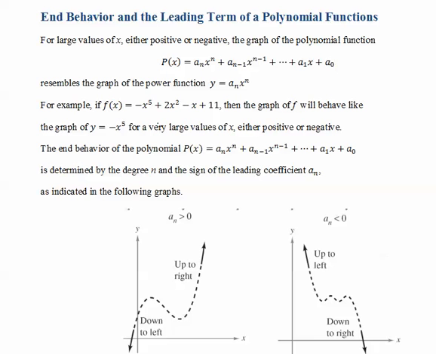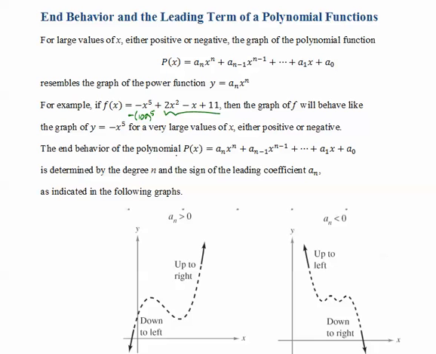So if x is 100, the graph will behave just like negative x to the fifth, because negative 100 to the fifth is a lot larger than the rest if we plug it into 100 squared minus 100 plus 11. So the graph will take the shape of negative x to the fifth. It's the same whether x is positive or negative, so I choose 100 to be negative, the same with negative 100.